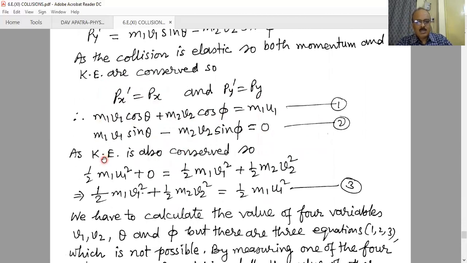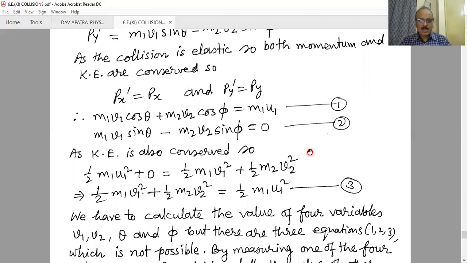Also we get another equation from the kinetic energy. Here we are considering an elastic collision, therefore the total kinetic energy before the collision equals the total kinetic energy after the collision. Since kinetic energy is a scalar quantity, it has no components. We cannot take the x component and y component of kinetic energy, and if you did, you would get the same single equation again.